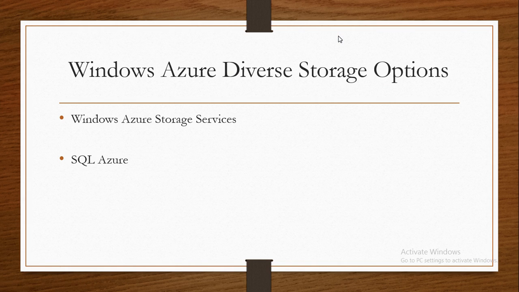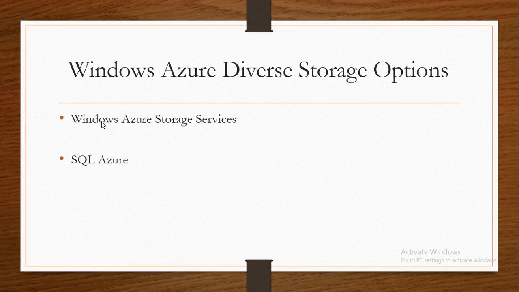So if I go for Windows Azure storage options, they have diverse storage options. You have two types, Windows Azure Storage Services and SQL Azure. We have to know the difference between when to choose what, when I will be going for Windows Azure Storage Services or SQL Azure.